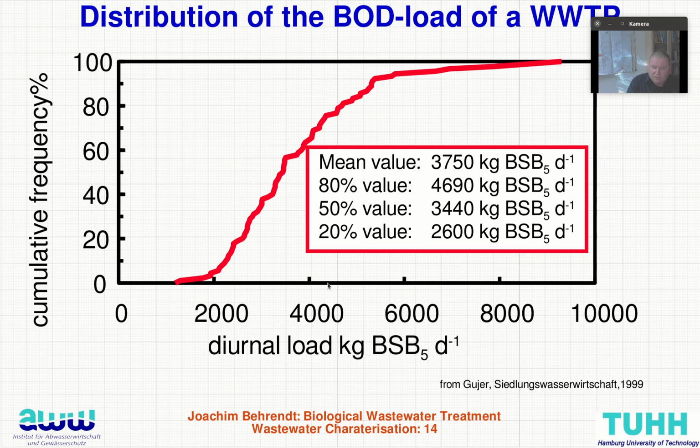So finally, the sorted list is then separated by frequency. And this can be read, for example, for the 50% value, that in 50% of the cases, the BOD load is smaller or equal to 3,440 kilograms BOD.